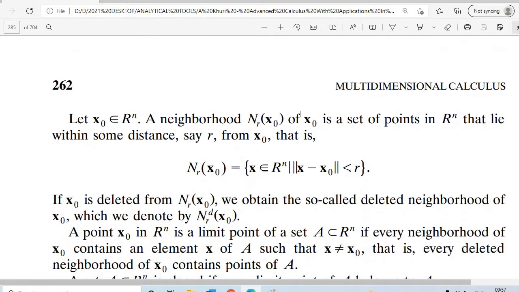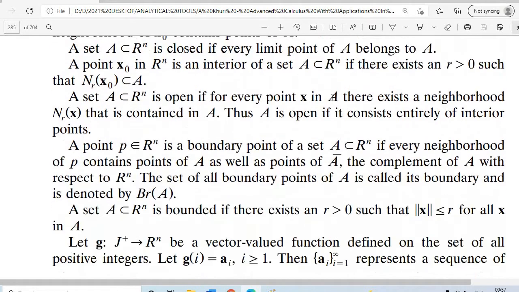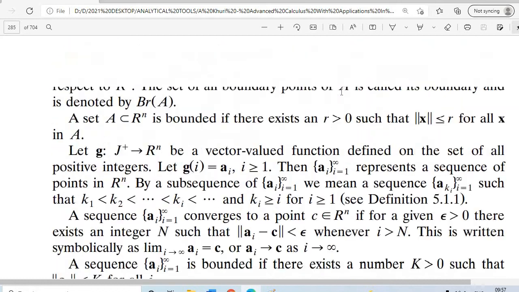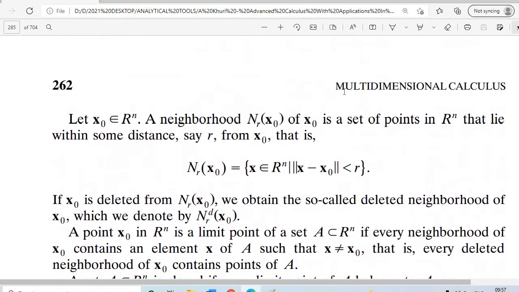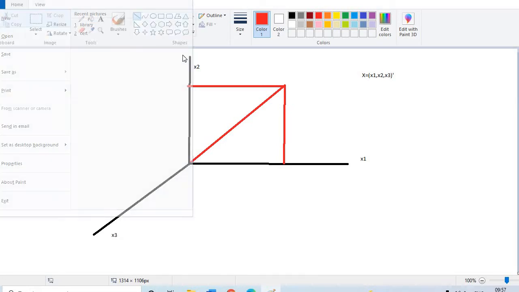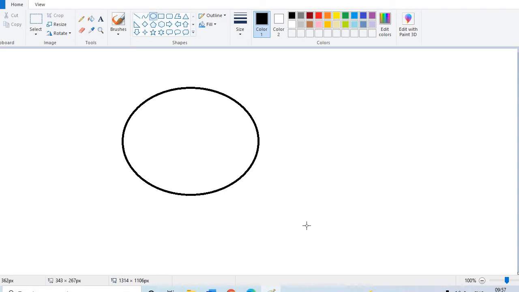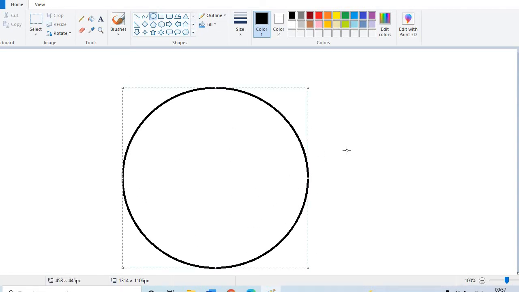So now we come to some basic concepts of multivariable functions and their domains. We will consider a point. For the sake of better narration, let us consider some two-dimensional figures.